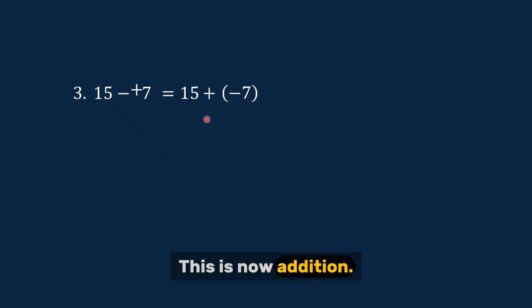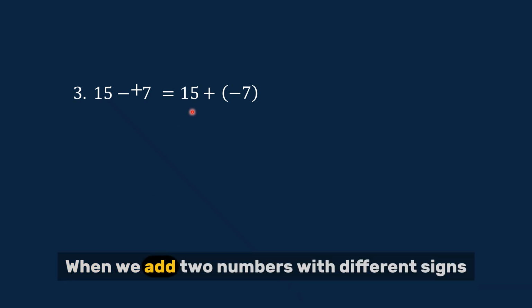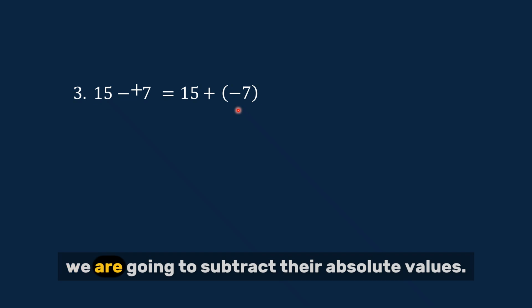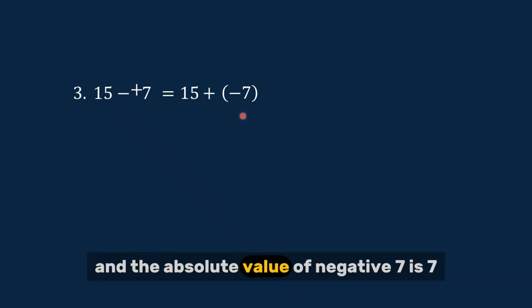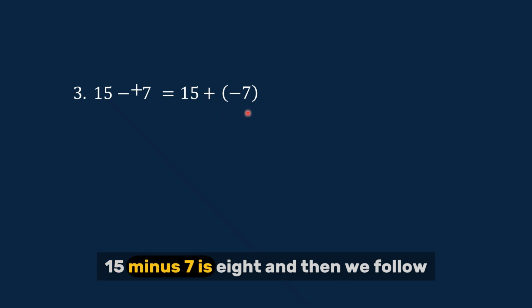This is now addition. When we add two numbers with different signs, we are going to subtract their absolute values. The absolute value of 15 is 15 and the absolute value of negative 7 is 7. 15 minus 7 is 8.